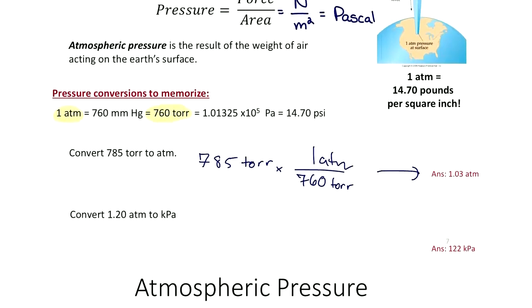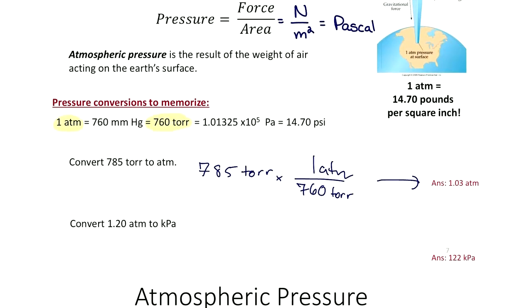Okay, let's go from atmospheres to kilopascals. I'm going to start with 1.2 atmospheres. I'm going to use the conversion that brings me to pascals. So 1 atmosphere is 101,325 pascals. Pascal is named after a scientist.